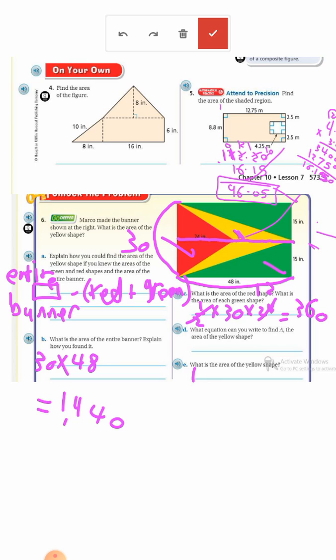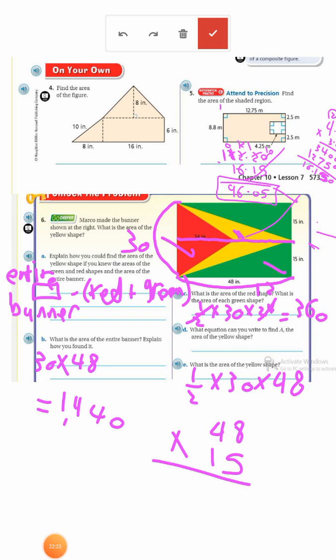So we can find it as half multiply 30 multiply 48. Excellent. Half 30 is 15. Here we are going to multiply 48 by 15. 48 multiply 15, it gives me what?